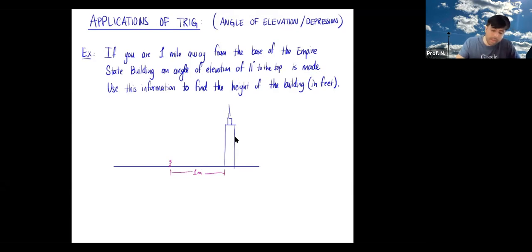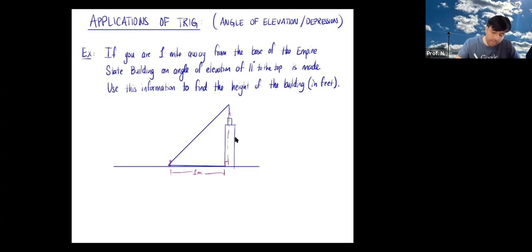So what I mean by that is that if I draw a right triangle to the top of this, and I assume that this is the bottom of the floor, the ground level, then you notice I have this right triangle, where one side is a mile.